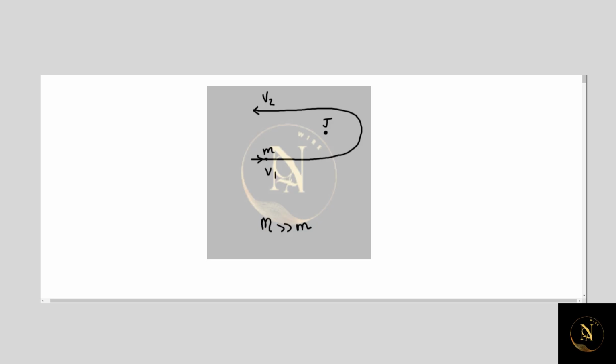of the spaceship. Now, whenever we have a phenomenon that can be modeled by a collision, you can look at this as the object coming in at speed v1 and leaving at speed v2, colliding with the object Jupiter, and the mass of Jupiter is much greater than the mass of the spaceship.